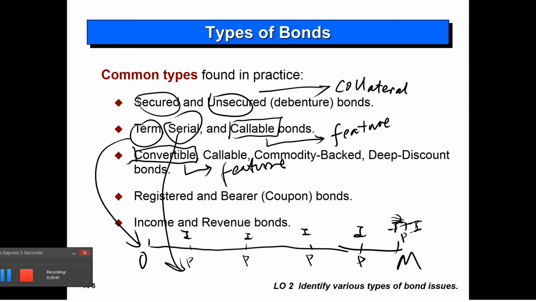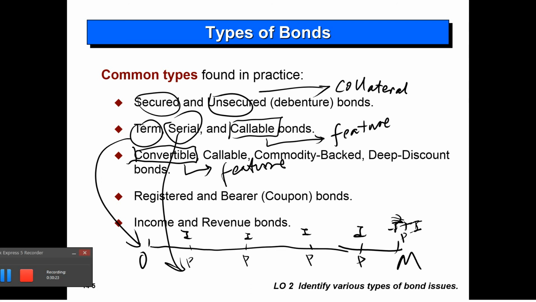For convertible bonds, the bondholders have the right to make the change. What change? To convert the bonds into shares. So here's the question that I want you to think about when you're at home. For convertible bondholders, when do you think they will exercise the right and convert the bonds into shares? In what kind of situation do you think they will exercise this right?